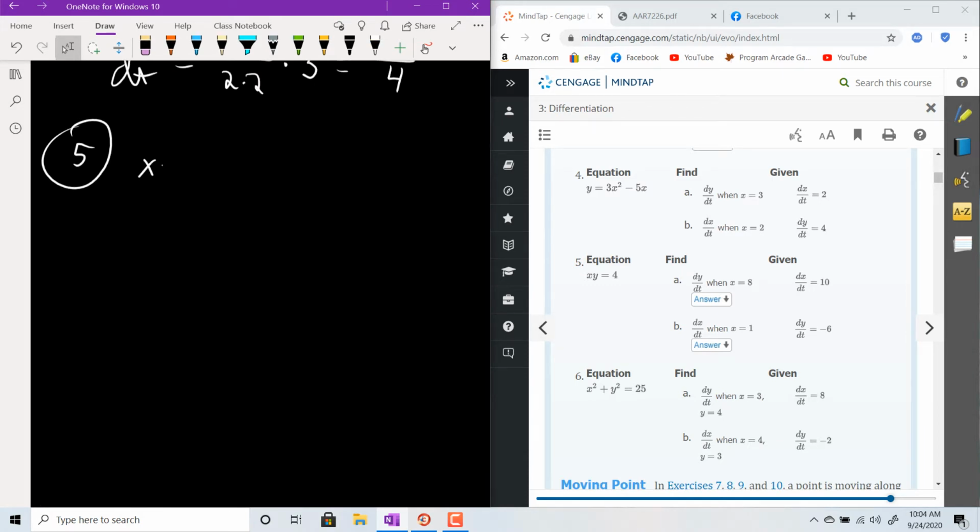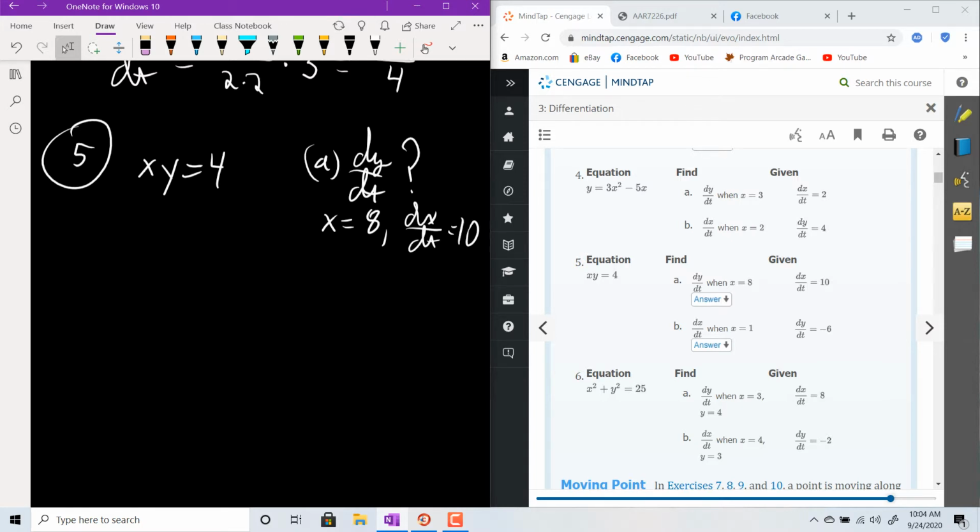So we have xy equals 4, and we'll do part A. They want you to find dy over dt when x is 8 and dx over dt is 10. If they wanted you to find dx over dt, you would just have to solve for that. Okay, so anyways, let's look at this.